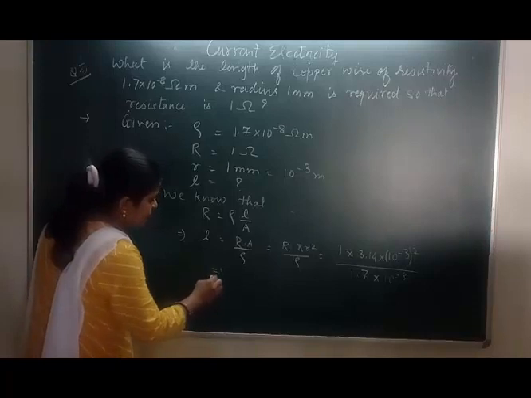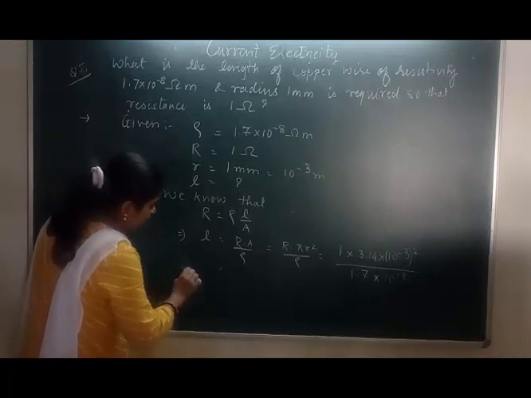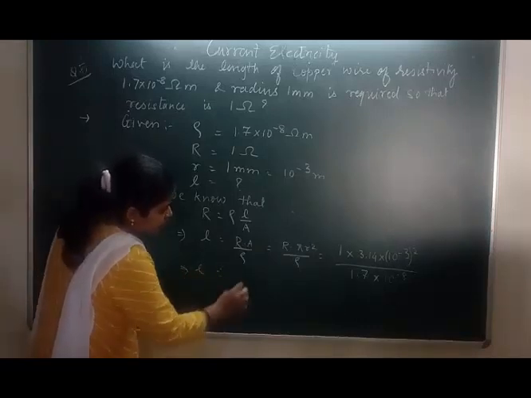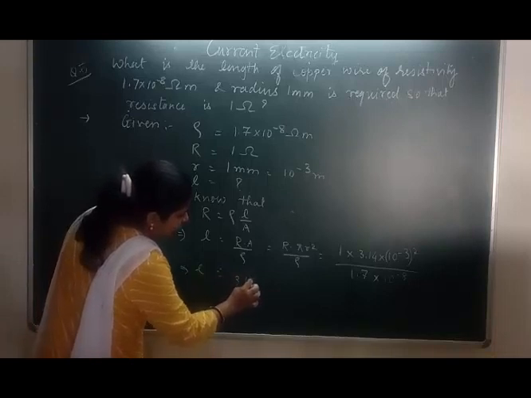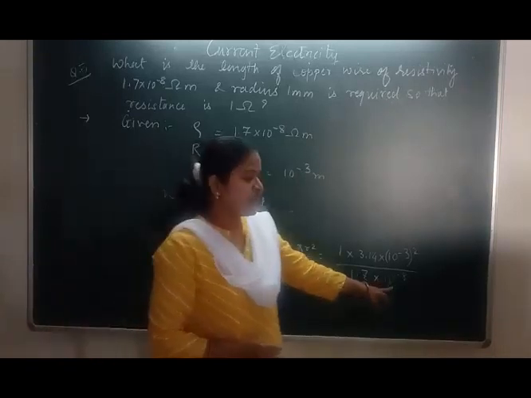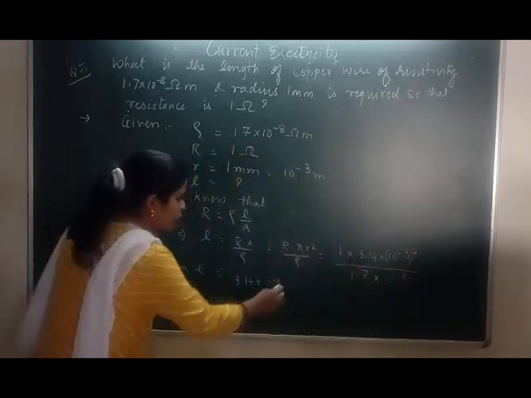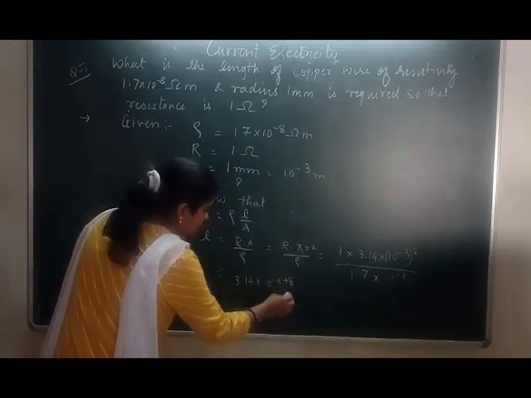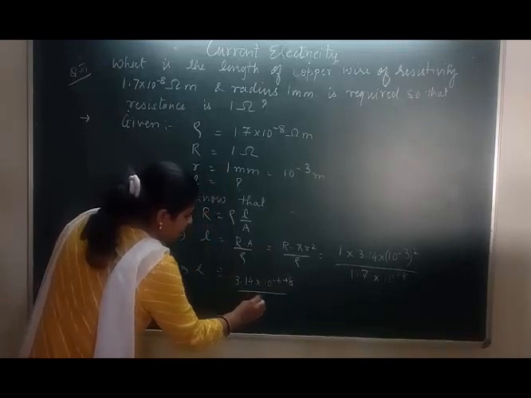We'll just put it. So L we get equal to 3.14 into 10 raised to power minus 6, and this 8 will just go upward, so it will become plus, upon 1.7.